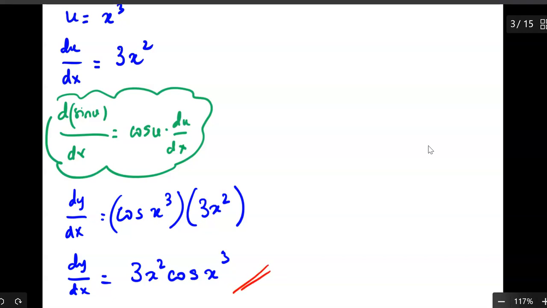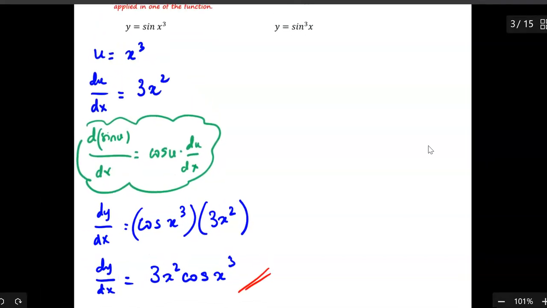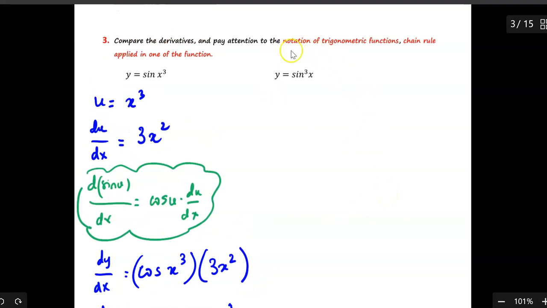So the basic formulas apply. My argument is x to the exponent 3. So u equal to x to the exponent 3, du over dx equal to 3x squared. Then I just substitute what I need to substitute into these formulas. But for this particular one, the exponent 3 is for the sine. Then you have to apply a function raised to a power.